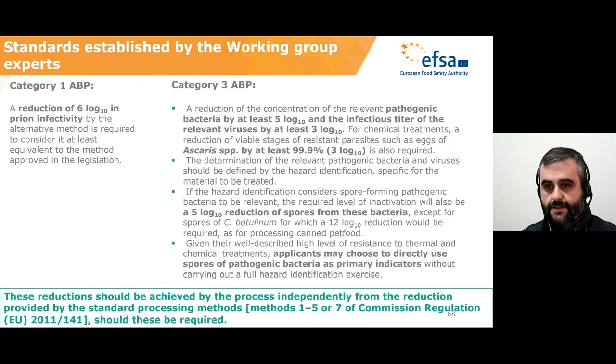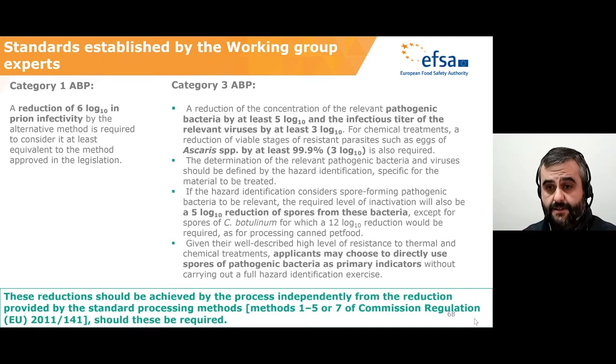So a very exhaustive and comprehensive hazard identification exercise should be performed to identify the most relevant bacteria and viruses that may be present in the material. Then the applicant needs to prove that these 5 logs and 3 logs, 5 logs for pathogenic bacteria and 3 logs for viruses, are achieved by this particular process for those hazards that have been selected.